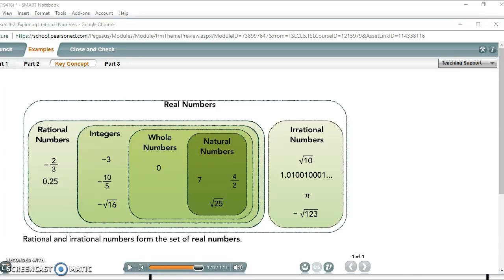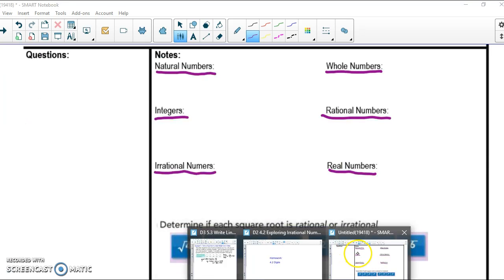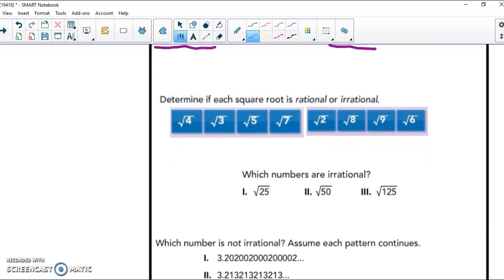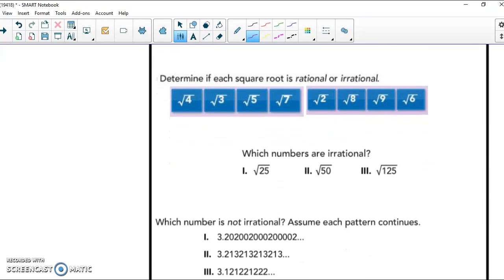So you can go ahead and add those notes in your own words. And now let's practice classifying some of these numbers. So let's decide if the square root of 4 is rational or irrational. So remember, the only square roots that will be rational are the square roots of perfect squares.